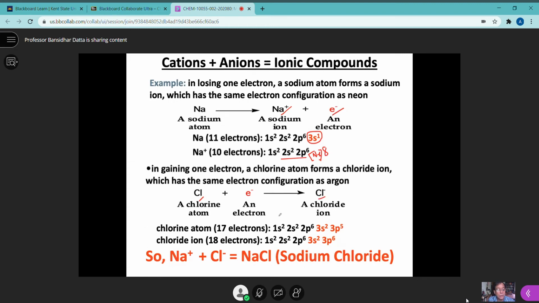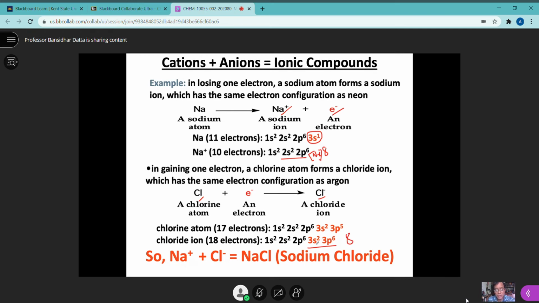Chlorine has 17 protons in the nucleus and 17 electrons, distributed 1s2, 2s2, 2p6, 3s2, 3p5. So the outer shell has 2 plus 5, 7 electrons. Once it gains 1 electron, the outer shell becomes 3s2, 3p6, which is also 8 electrons. Octet rule.